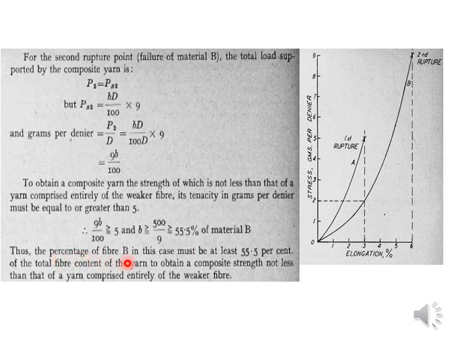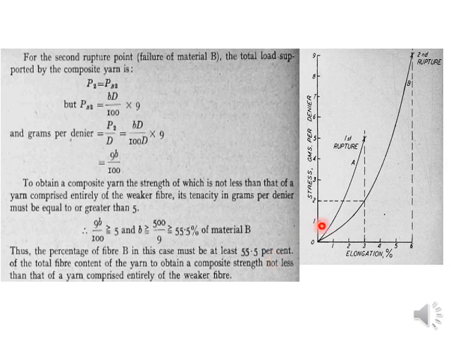Thus the percentage of fiber B must be at least 55.5% of the total fiber content of the yarn, to obtain a composite strength not less than that of a yarn comprised entirely of the weaker fiber. So it means that in order to produce a yarn whose tenacity is higher than 5, we need to add fiber B up to at least 55.5%.